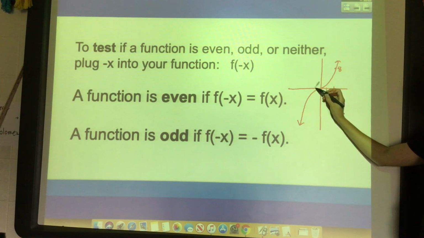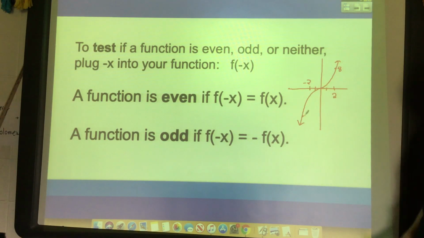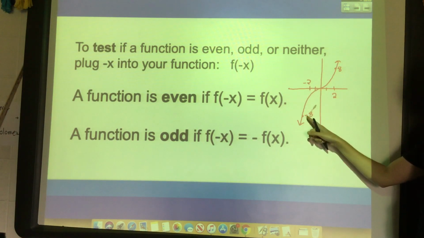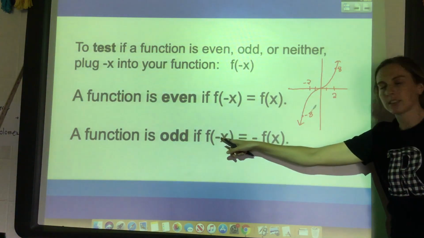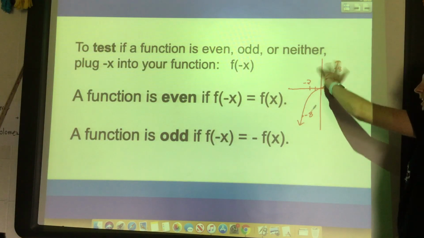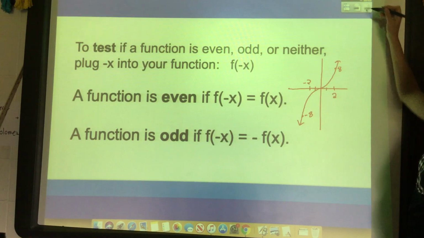And if I were to plug in negative 2, I would get out negative 8. Notice, if I plug in the negative version, I get out the negative thing. So here with odd functions, if you basically put a negative in there, it's going to turn the whole thing negative. That's basically because they're in like opposite quadrants. Okay, so here's some examples of that.